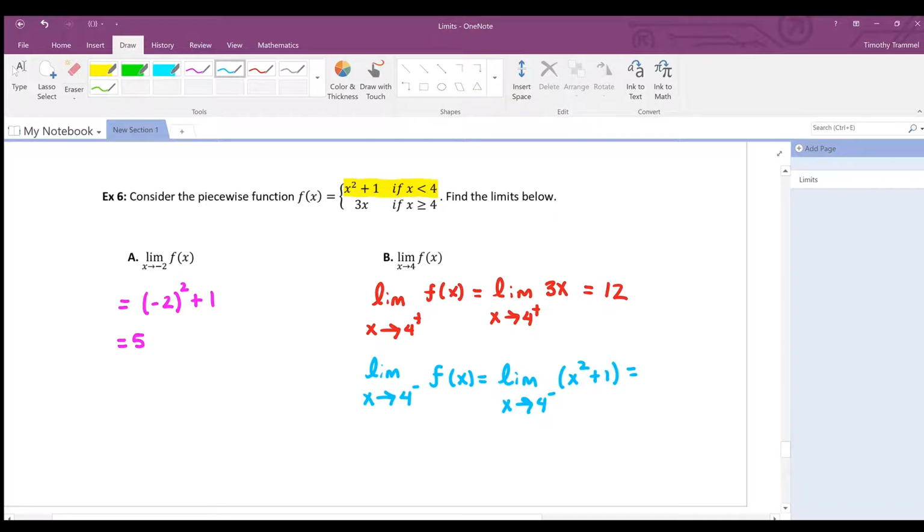And now I can just use direct substitution because this is a polynomial. So that's going to give us 16 plus 1, so that's 17.